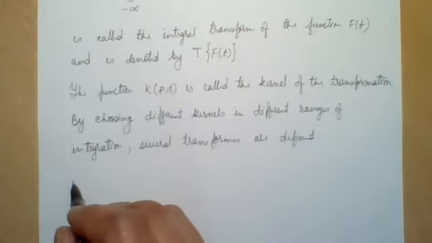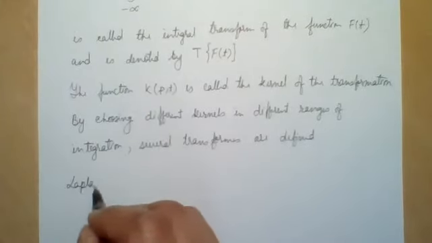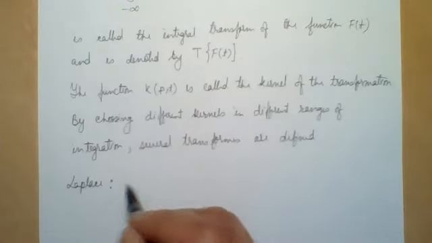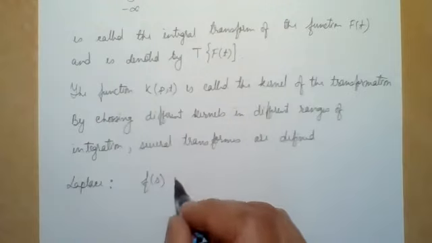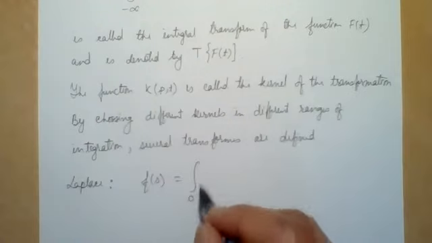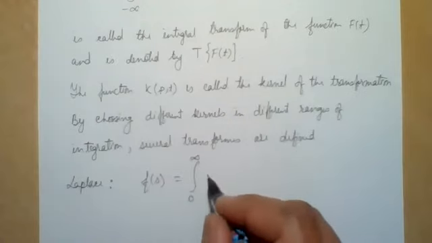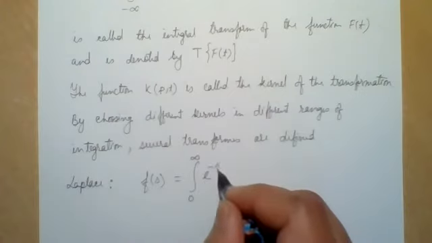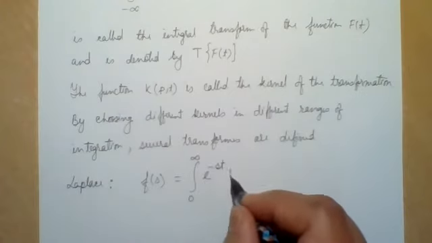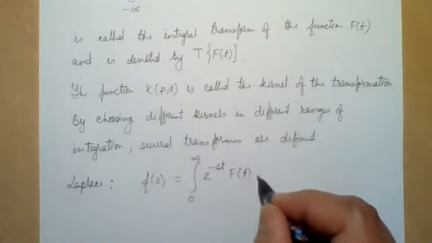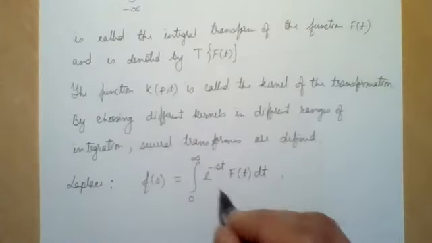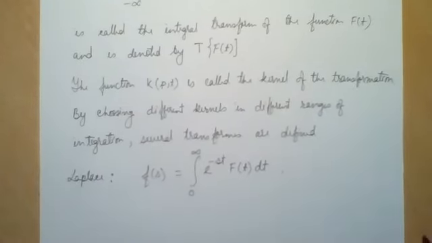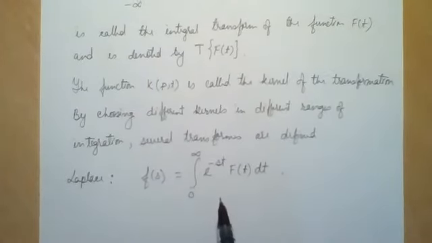First, let us discuss the Laplace transform. Here f of s is equal to the integration from 0 to infinity of e to the power minus st f of t dt. Here s can be a complex number. This is the Laplace transform. And what is the kernel here?